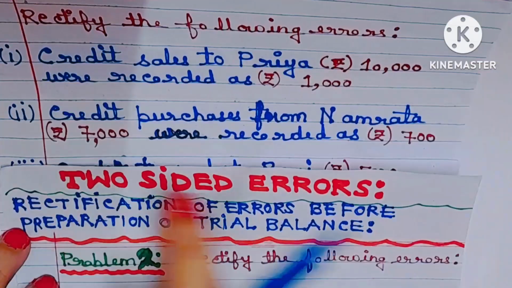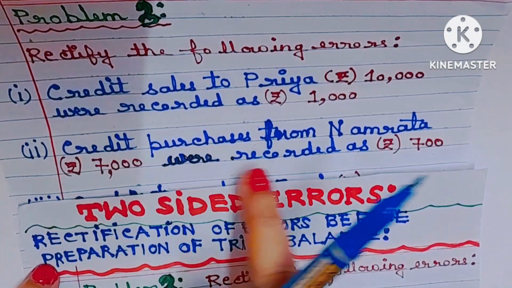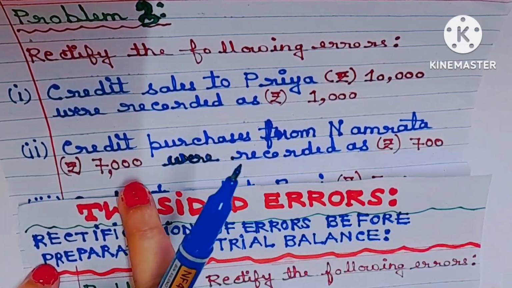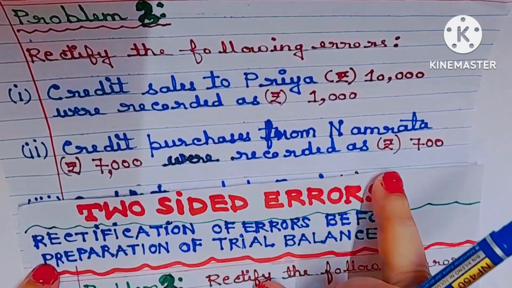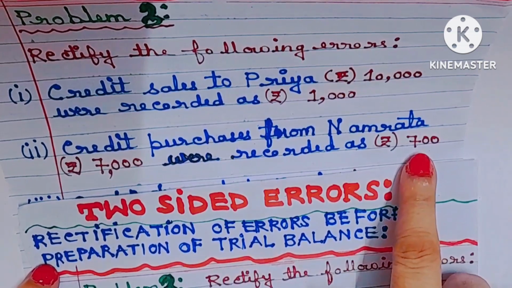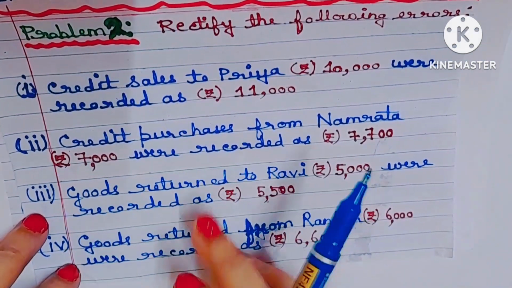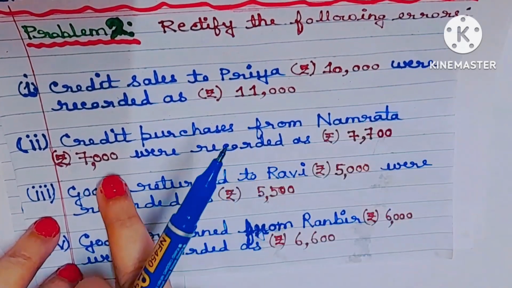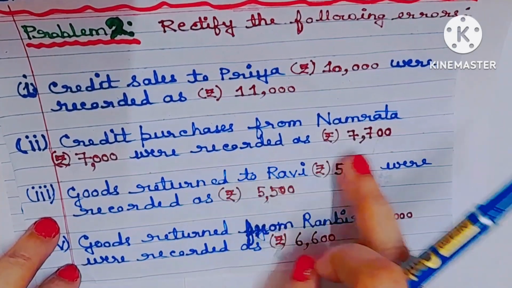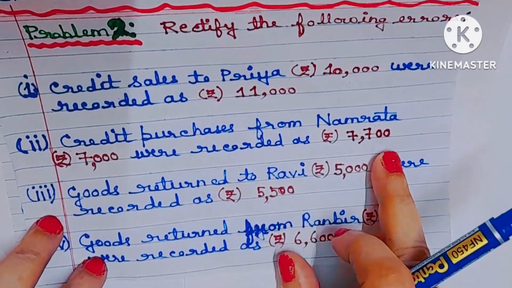Okay? So let's see the second transaction. Number 2. Credit purchases from Namrata rupees 7,000 were recorded as rupees 700. So less amount has been recorded. Let's see the last problem. Number 2. Last problem: credit purchases from Namrata rupees 7,000 were recorded as 7,700. So in the last problem, more amount has been recorded.